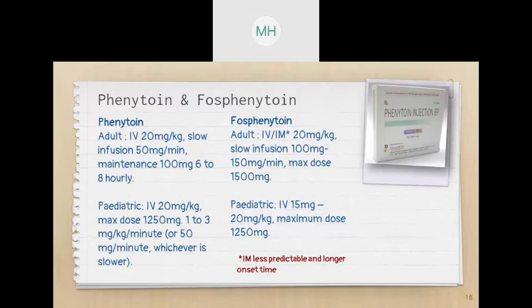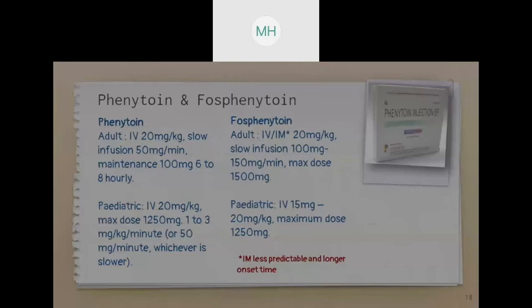The patient will go hypotensive, and eventually may develop arrhythmia. In pediatrics, the dose is the same, 20 mg per kilo as well. Be careful not to give it too fast, even in pediatric patients and among the elderly.